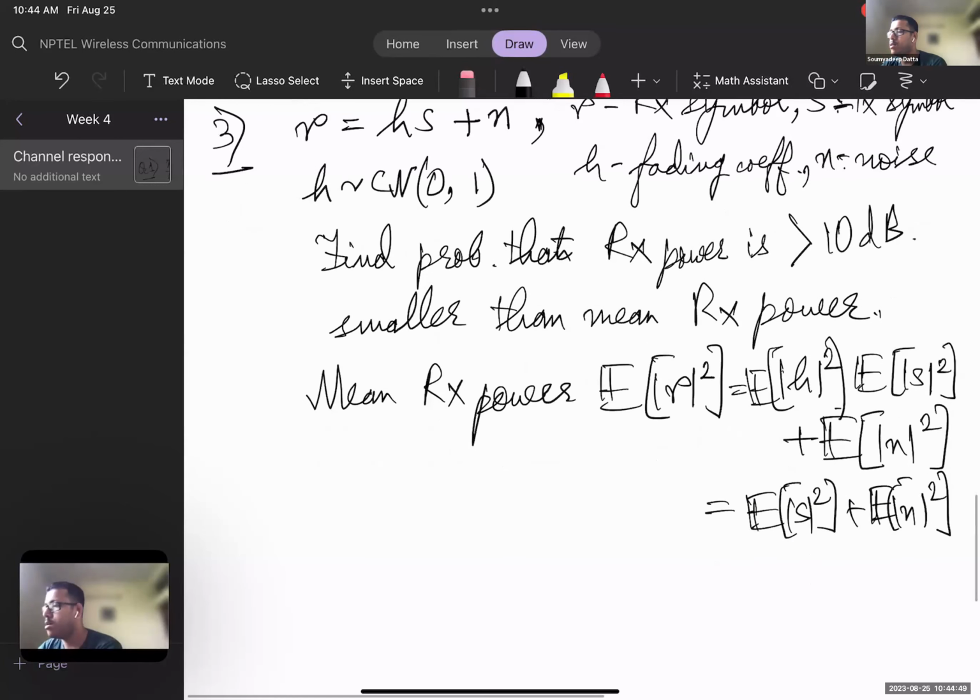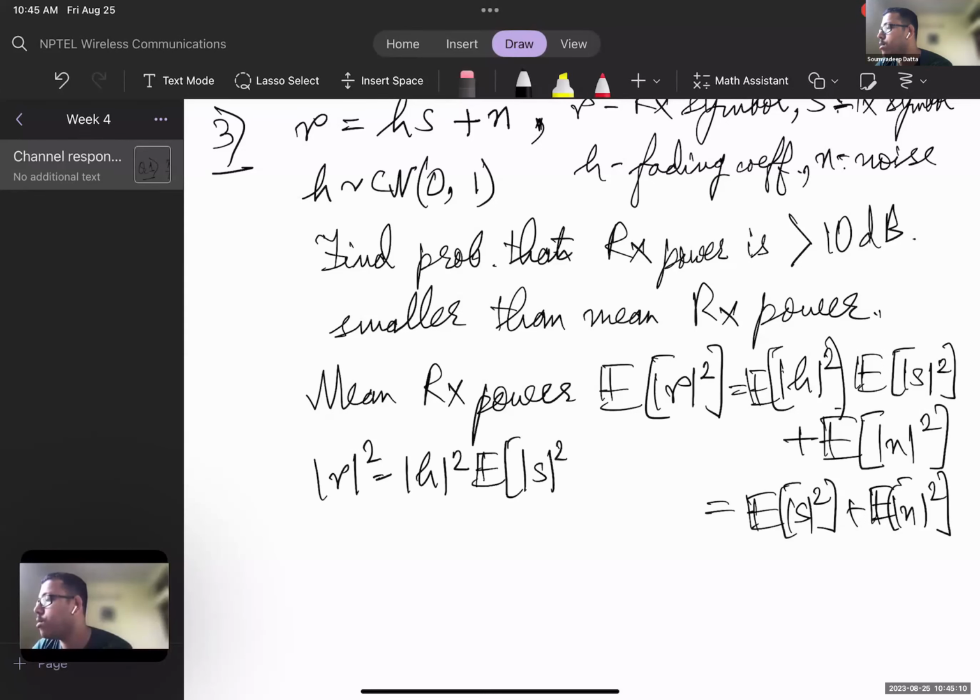This is my mean received power. The actual received power, which is mod R square, is the same if you remove the expectation over the fading. So you will have mod H square, expectation of mod S square plus expectation of mod N square.